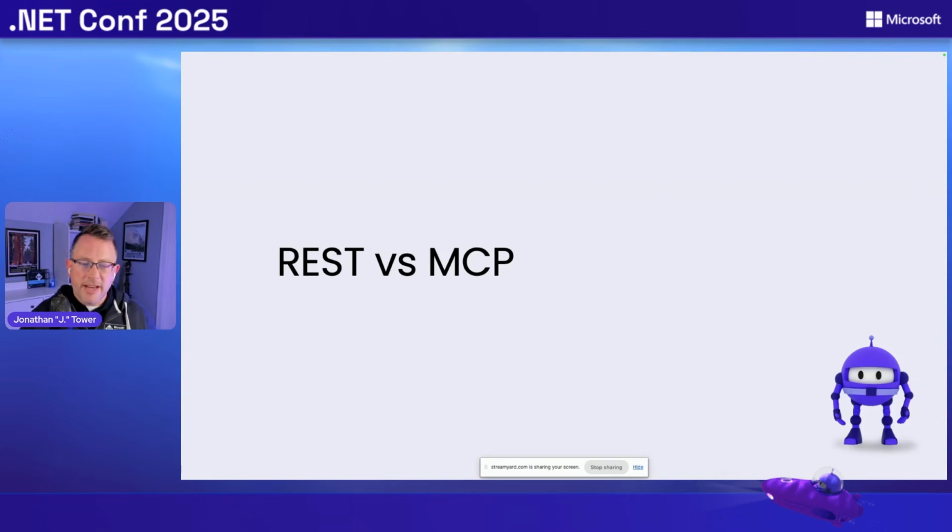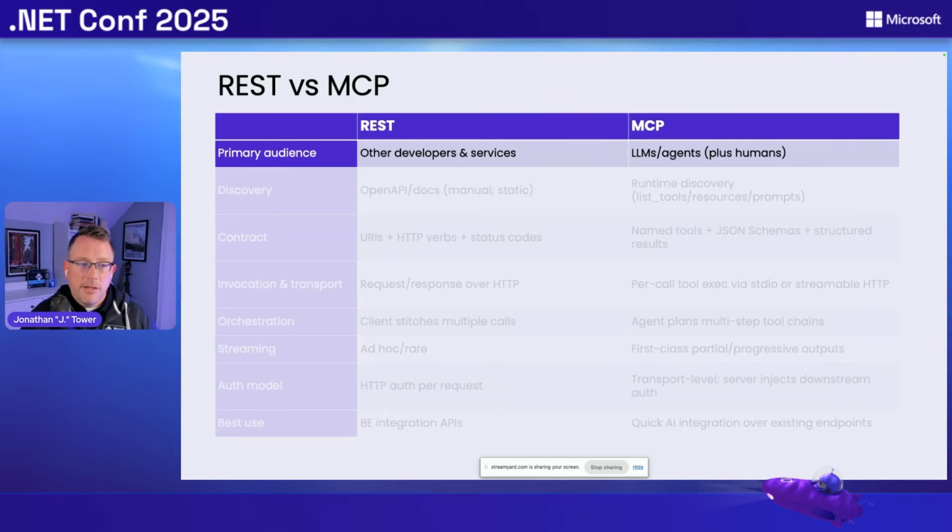So let's compare and contrast REST and MCP a little bit, because if you're familiar with RESTful APIs already, you might be thinking, isn't MCP just basically REST for AIs? You're not totally wrong, but you're also not quite right. Let's talk about how those are different. First of all is the audience these are for.